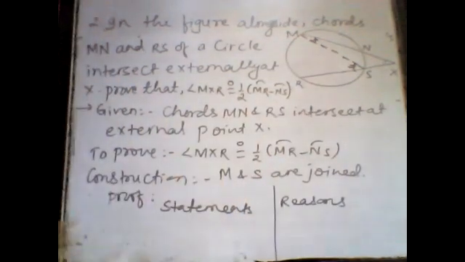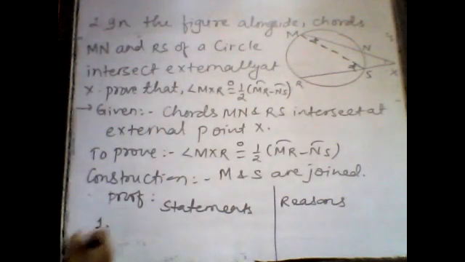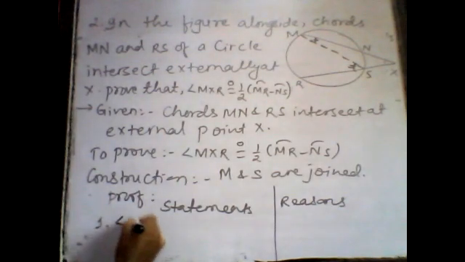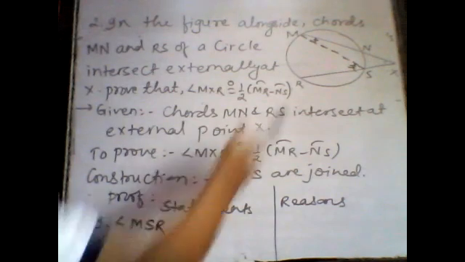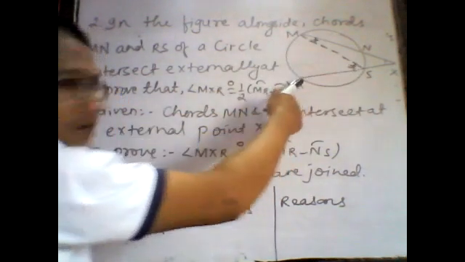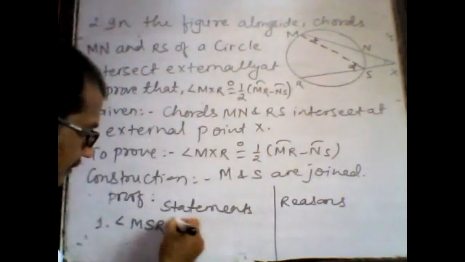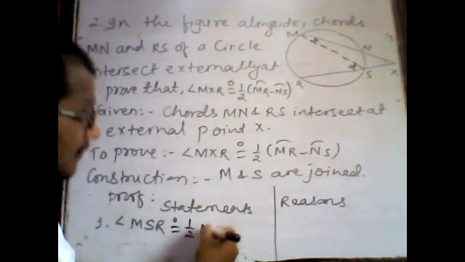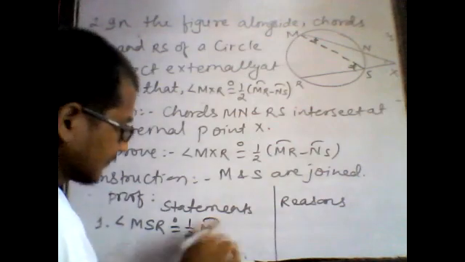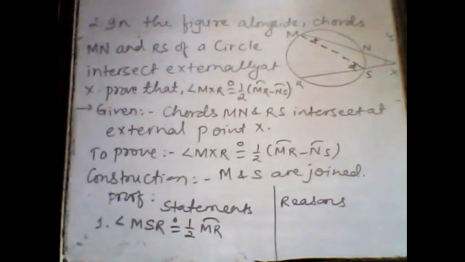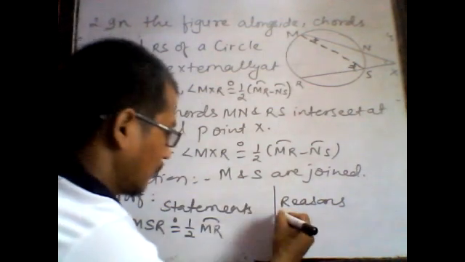The relation is also with arcs. So statement number 1: angle MSR is equal to half of arc MR. What is the reason?